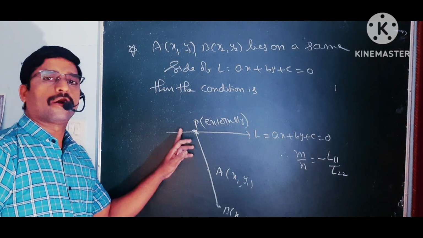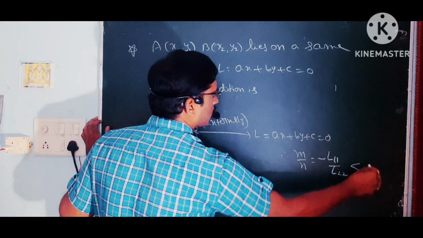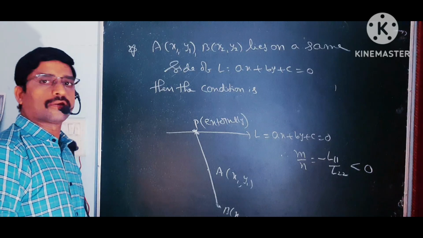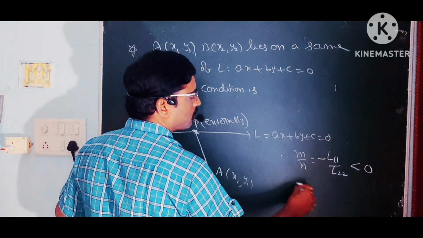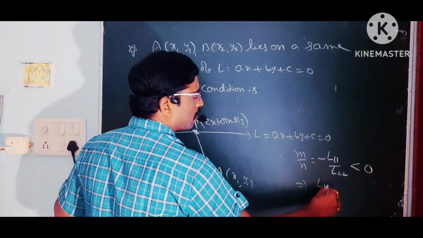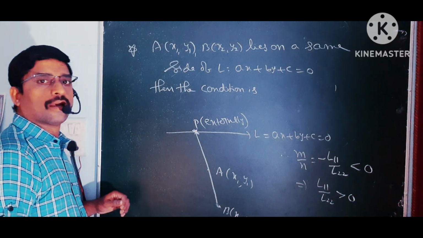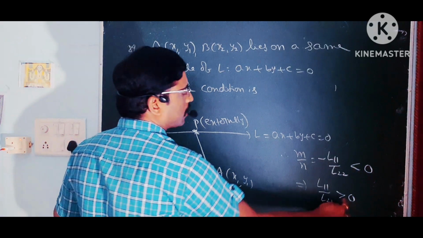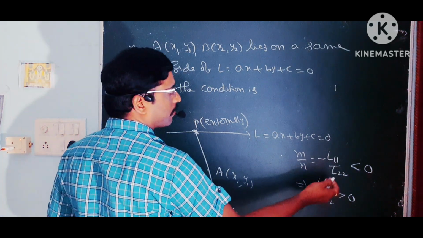Here point P divides externally, so the external ratio is less than 0. What is the ratio? Less than 0. So to remove the minus, taking minus 1 multiplication on both sides, L11 by L22 should be greater than 0. Here L11 by L22 is greater than 0, which means this fraction is positive.